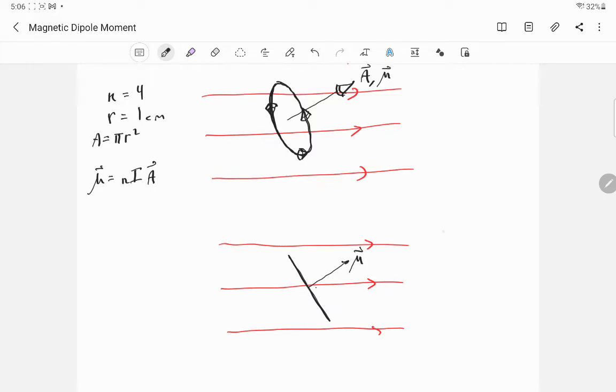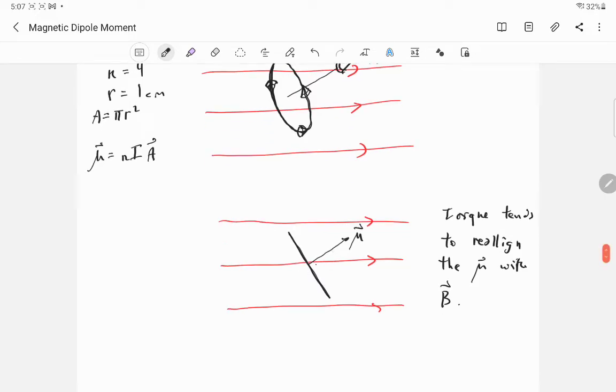And what you see is that the torque tends to realign the magnetic dipole moment vector with the magnetic field. That is, it's sort of like a little compass needle. If you take the tip of the compass needle and you try to rotate it away, you are fighting the background magnetic field, and if you let go of it, it's going to snap back, and it's actually going to snap all the way back to here, right?